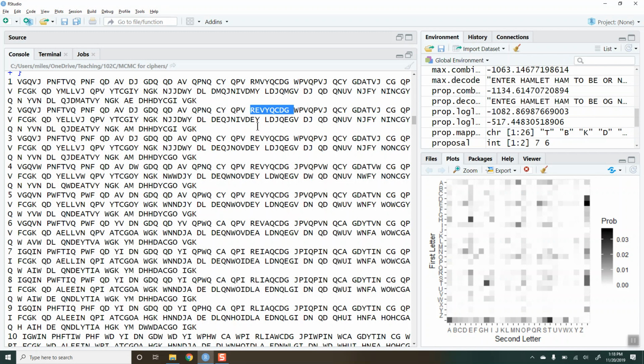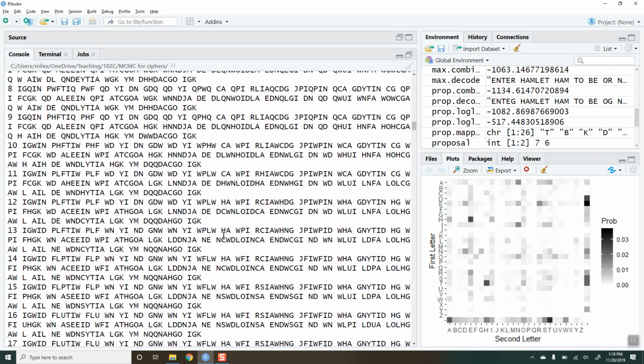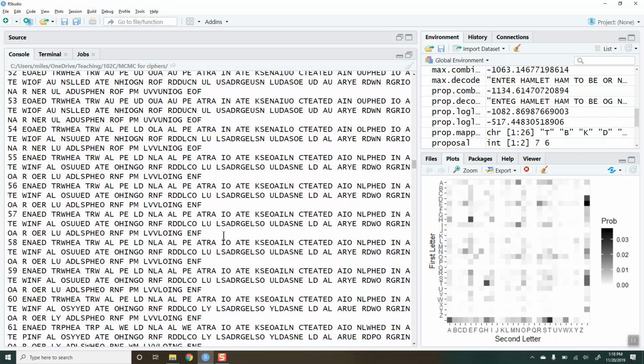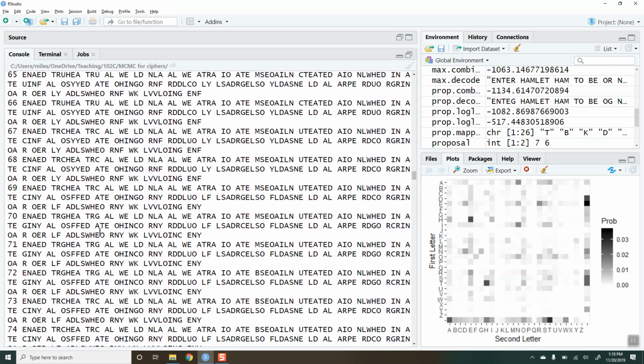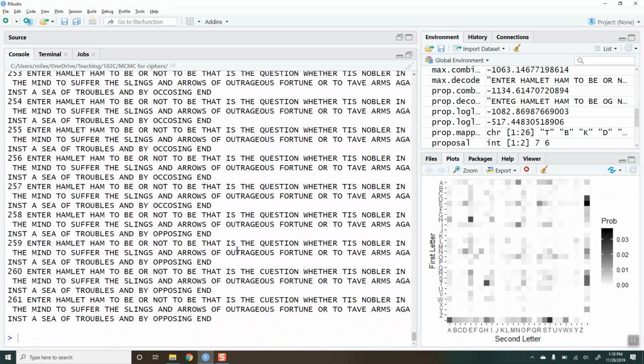The initial swaps are all just like, let's get some more vowels in here. And then we start moving things about to get stuff there, right?